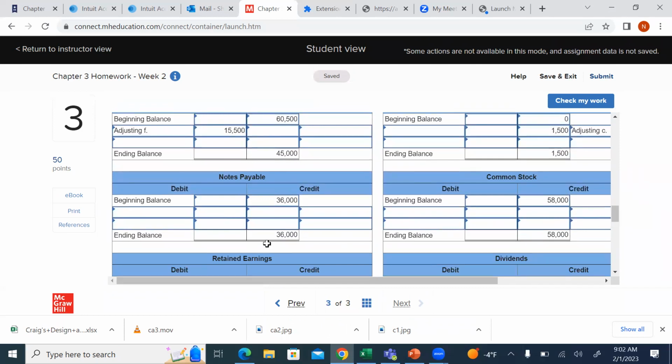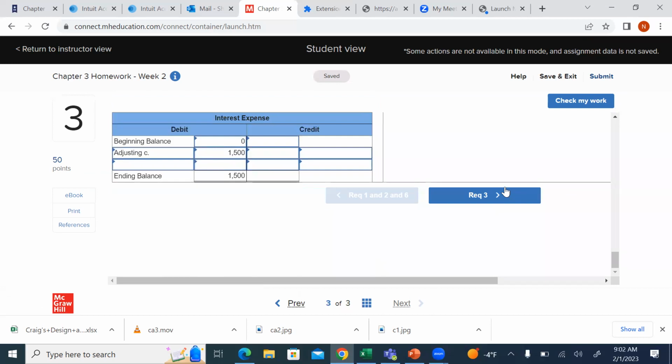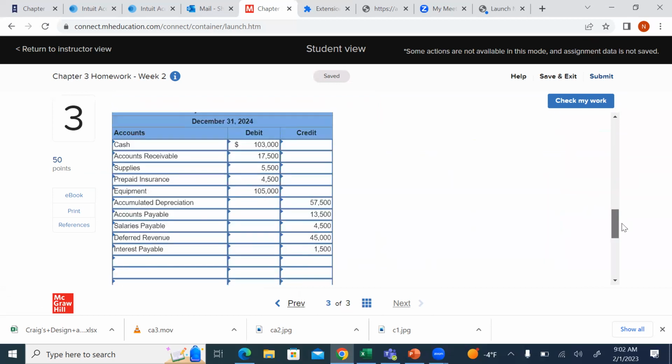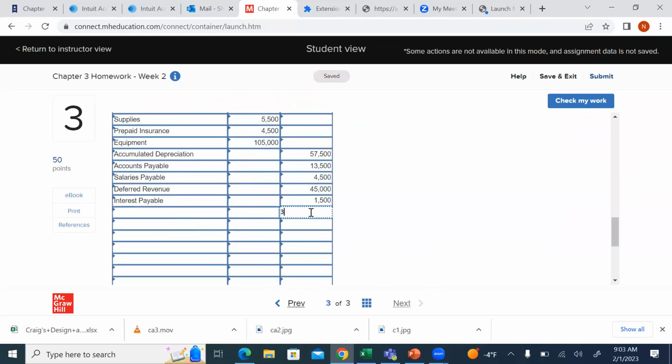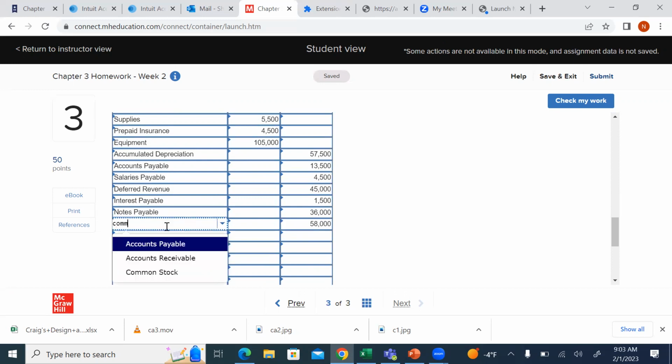Notes payable, 36,000, common stock, 58,000. Okay.